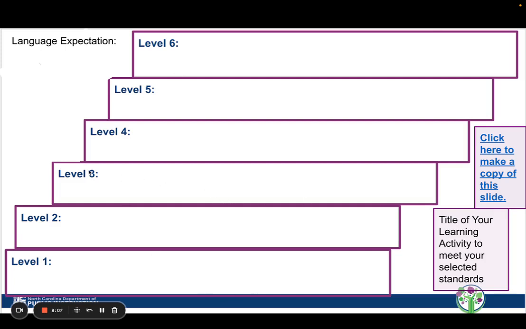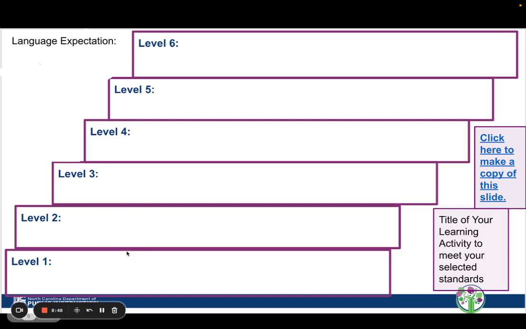And I want you to find an aligned content standard and an ELD standard for whatever content area you want, whatever grade band level you want, a title of a learning activity that could meet those selected standards, and what language you could expect from students for your learning activity. What language could they produce or process at level 1, 2, 3, 4, 5, and so on.